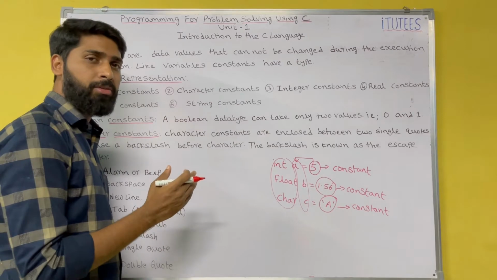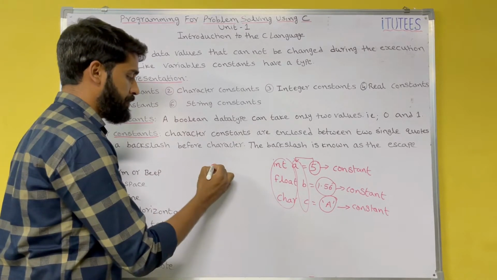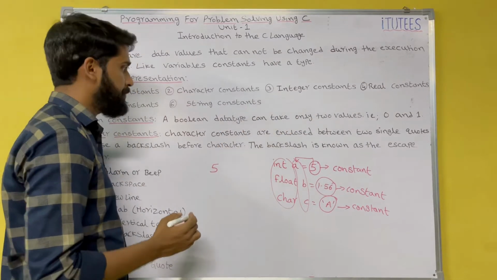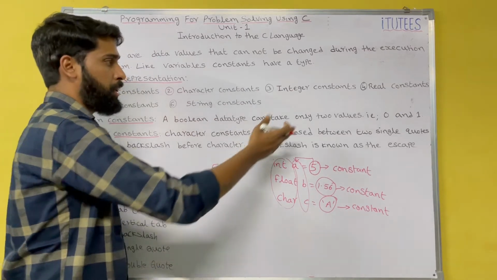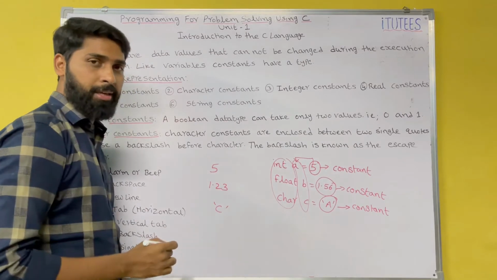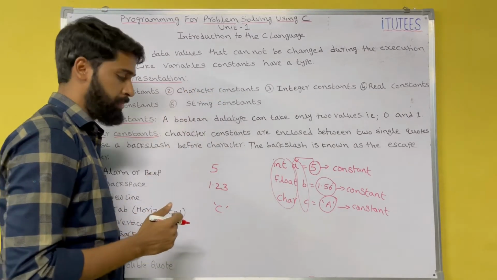Now everyone try to identify the type of the constant. For example, 5 is an integer constant. 1.23 has a fraction part, so real constant. C is a single character, so character constant.